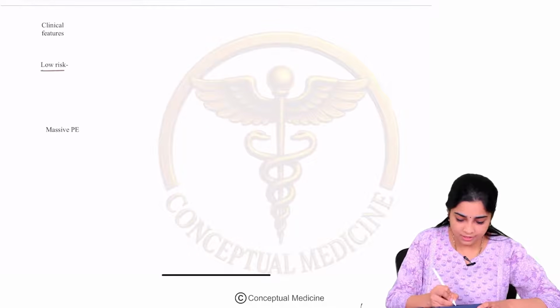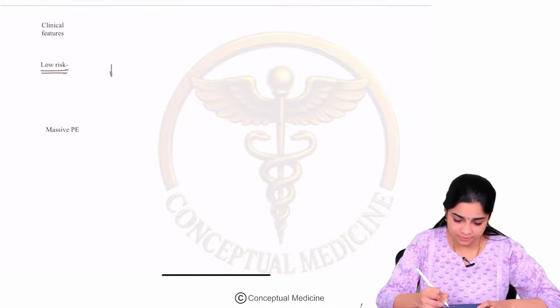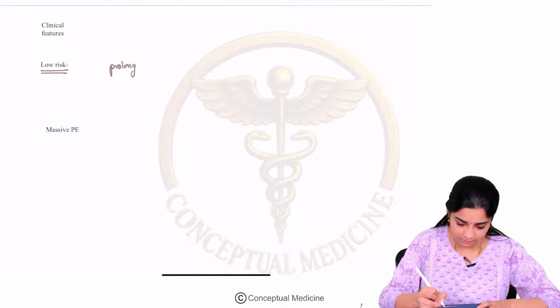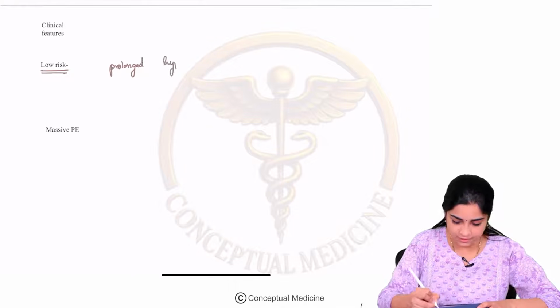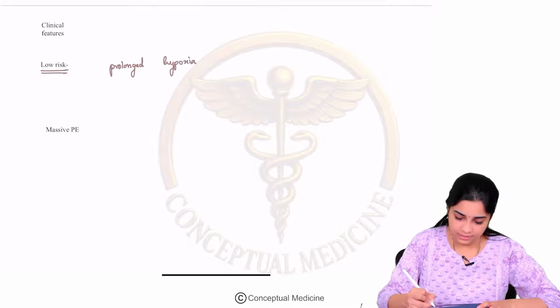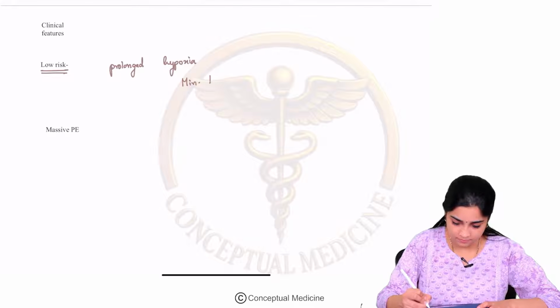Like I mentioned, low risk PTE usually presents with prolonged hypoxia. They usually present with prolonged hypoxia and minimal breathlessness.